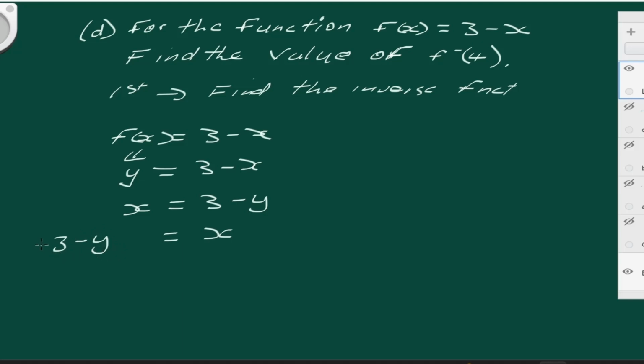Now the next step is to get rid of the 3. So we're going to minus 3 on both sides. Minus 3 plus 3 will give us 0, so we are left with negative y equals x minus 3.